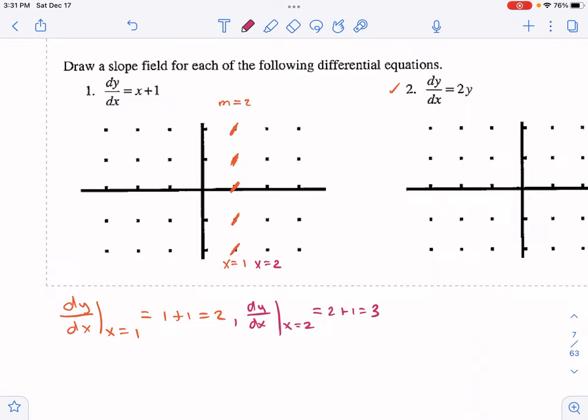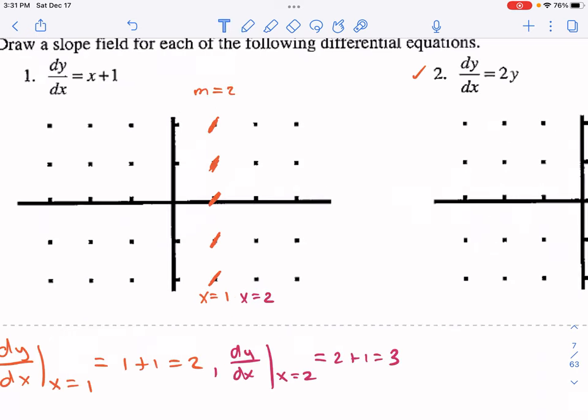It just needs to be steeper than the one in orange, right? That's supposed to be a slope of 2. So if I'm going to do a slope of 3 over here, I'm not going to label all of these, but you just want to make it steeper, right? So as the x-coordinate grows, dy/dx increases. And at this moment it's 3, so I'm just going to try to make it steeper.